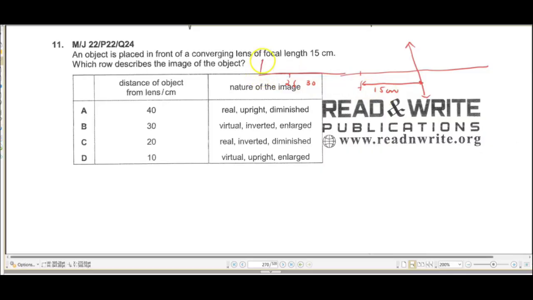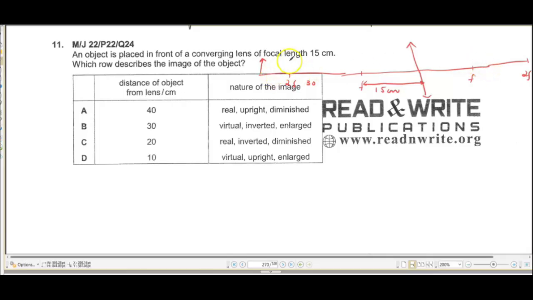Okay, so the object is placed beyond 2f. So the image is going to be created between f and 2f always. And so the image is going to be smaller and it is going to be inverted. Okay, and it is going to be real.